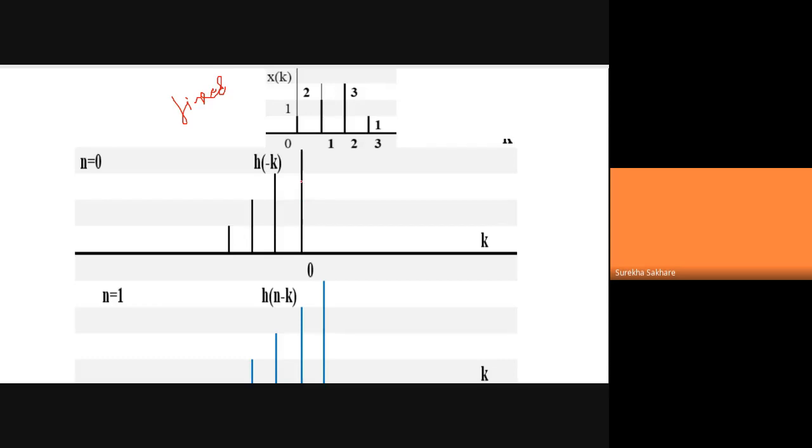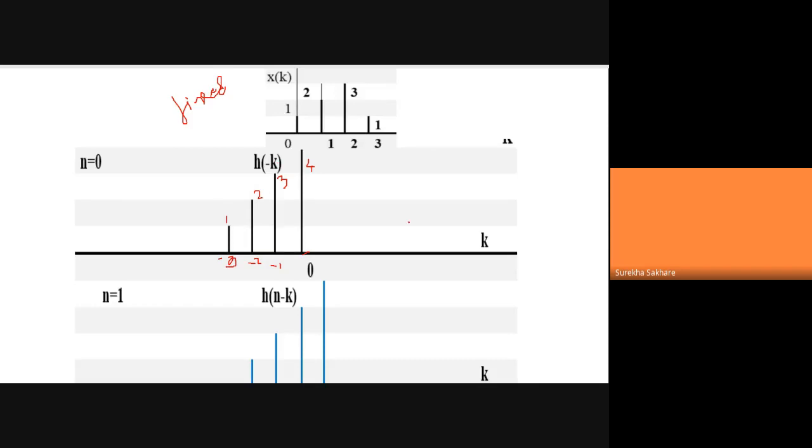Mirror means, see, you had the samples here. You fold this about 0. This is the 0 value. At this is the 4 value. Then you have the 3. Then you have the 2. And then you have the 1. This is minus 1, minus 2. This is minus 3. Here the drawing I have shown.